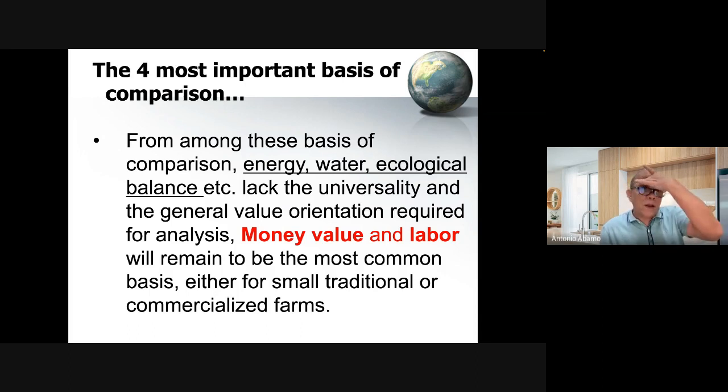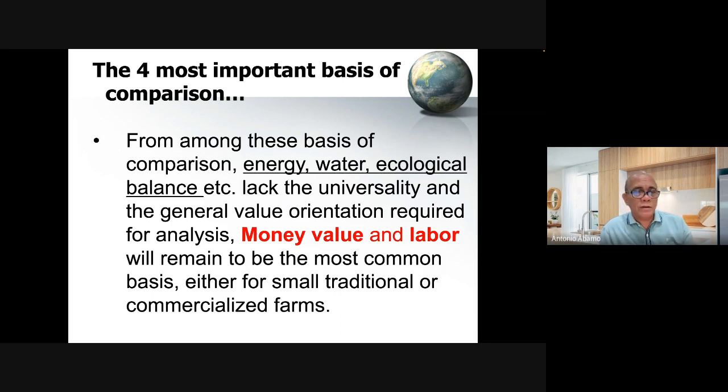Another point: among these bases of comparison, energy, water, and ecological balance lack the universality and the general value orientation required for analysis. Money value and labor will remain the most common.